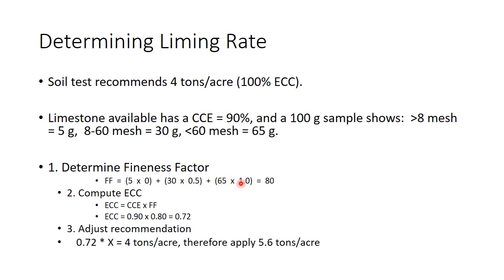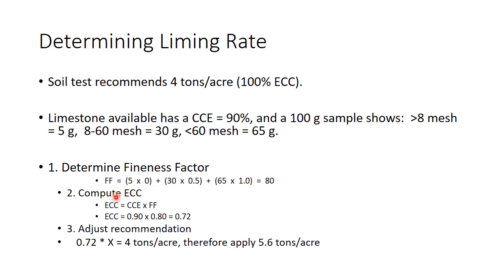The sum of all that is 80. So that means that just based on particle size, our limestone would be 80% effective compared to material that might be ground more finely. So 80% effectiveness just due to particle size.